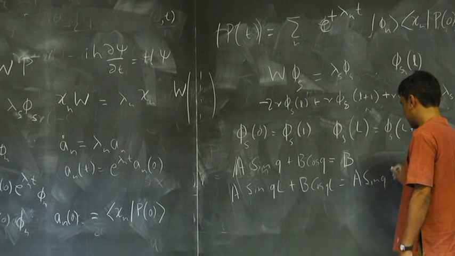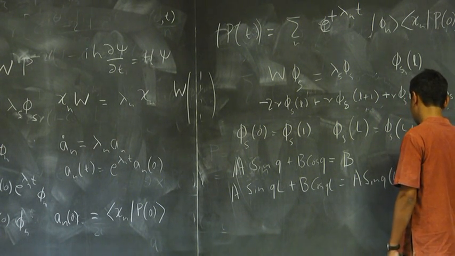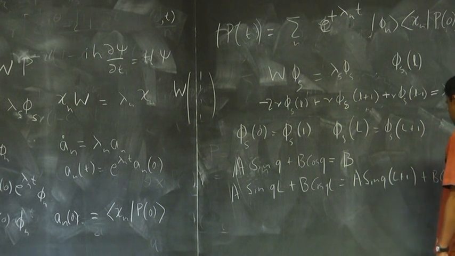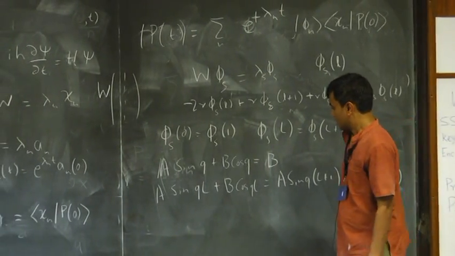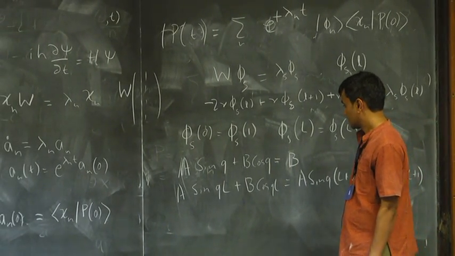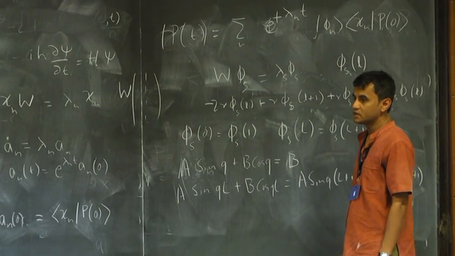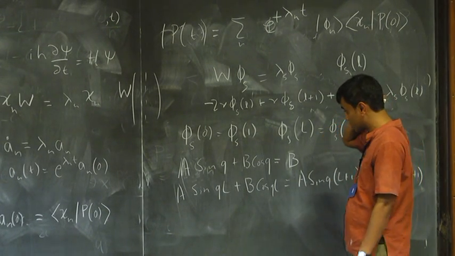It's sin qL plus 1. A you can set to 1 because it will be like a normalization constant.